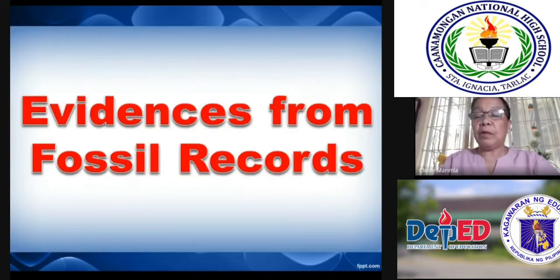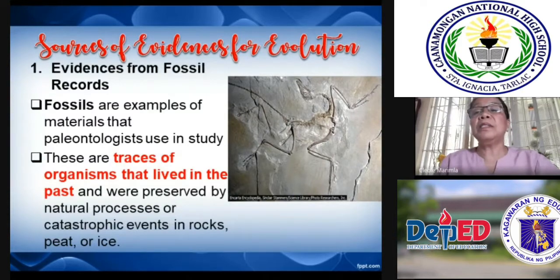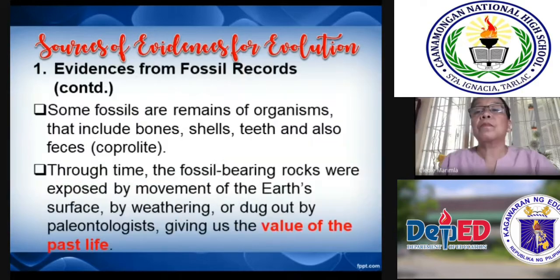Evidence from fossil records. Fossils are examples of materials that paleontologists use in study. These are the traces of organisms that lived in the past and were preserved by natural processes or events in rocks, teeth, or ice. Some fossils are remains of organisms that include bones, shells, teeth, and also feces.